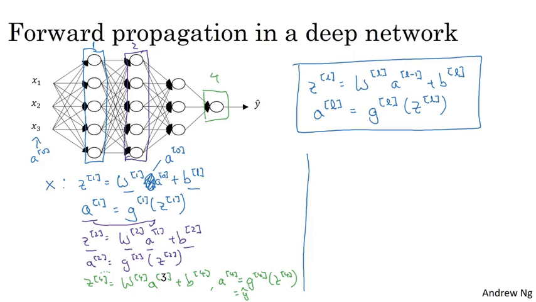So we've done all this for a single training example. How about doing it in a vectorized way for the whole training set at the same time? The equations look quite similar as before.